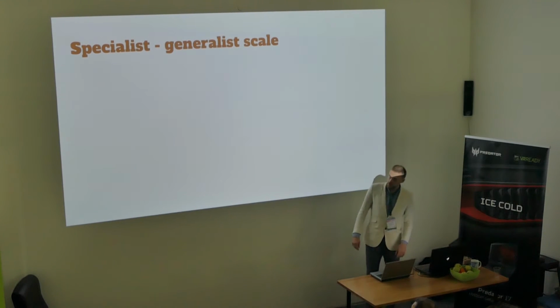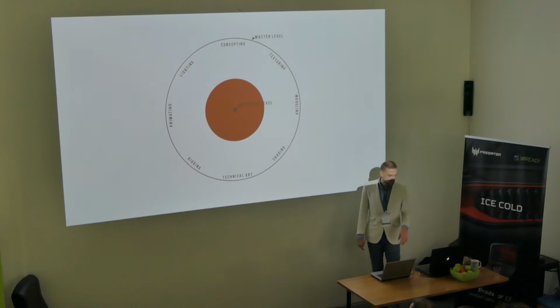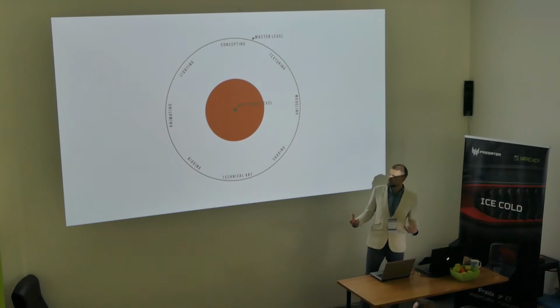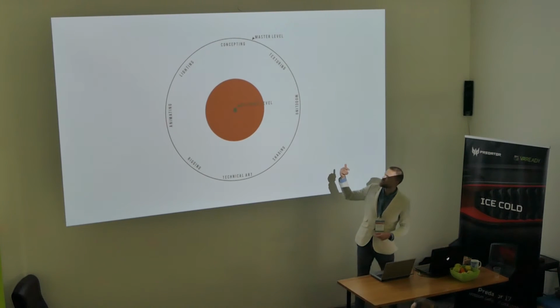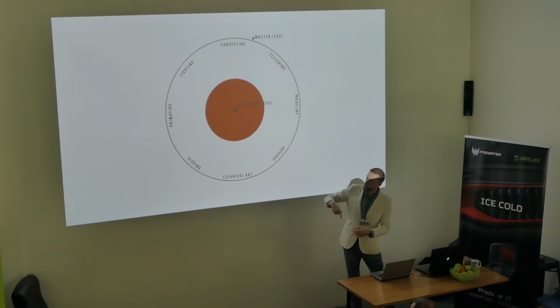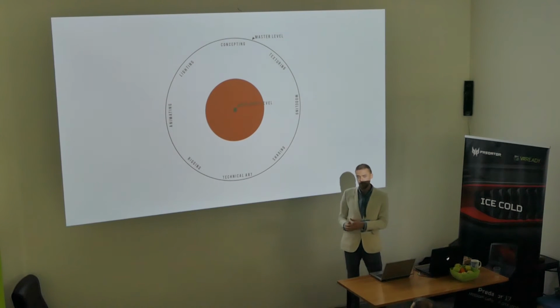So I'm going to share with you some images. This is a graph of a person's skills. This sort of presents a person that has good all-around knowledge, but is not good in any particular thing.